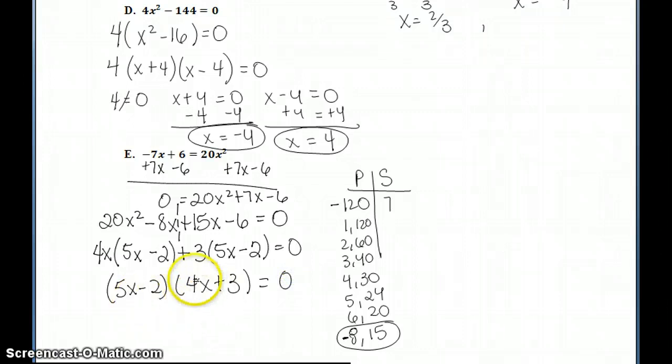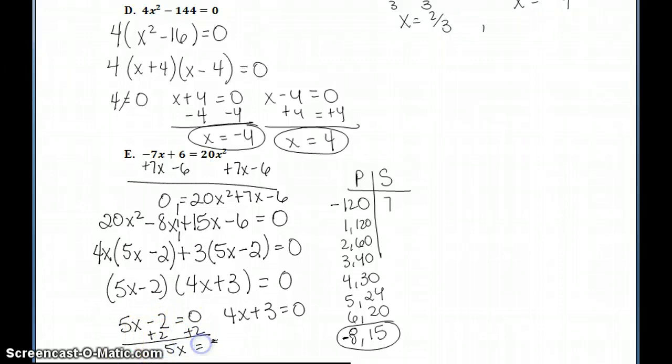And so I'm going to set these by the zero product property equal to 0. So 2/5 is one of my x-intercepts, and for 4x plus 3, 4x equals negative 3, divided by 4. Negative 3 fourths is the other one.